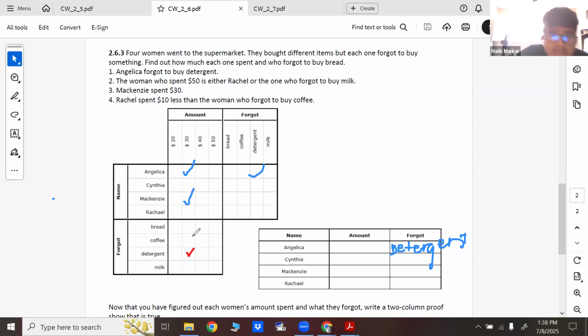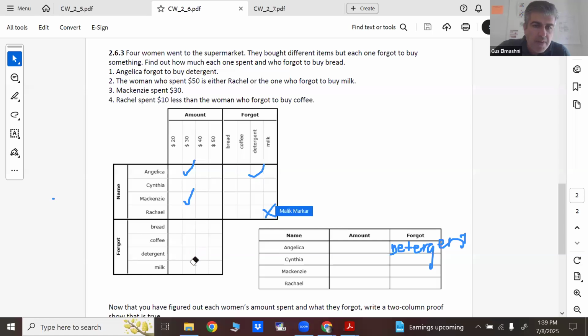Okay. The woman who spent $50 is either Rachel or the woman who forgot the milk. So Rachel didn't forget milk. Oh wait, I don't know why I put a check mark. That makes no sense. Sorry. Oh, but $30 does go with detergent.